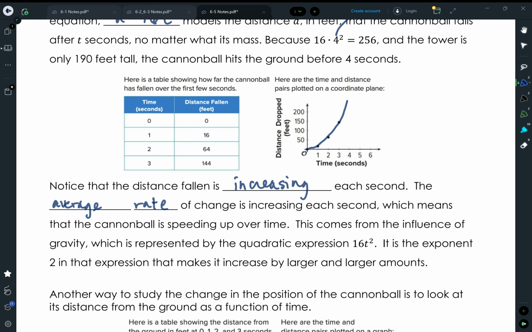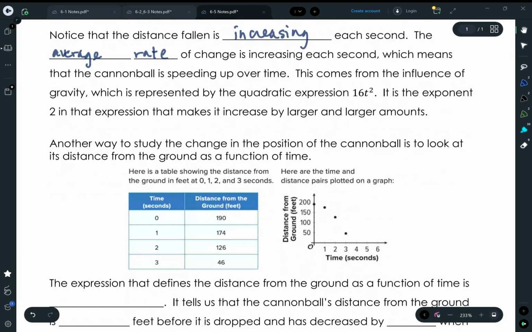This comes from the influence of gravity, which is represented by the quadratic expression 16t squared. It is the exponent 2 in that expression that makes it increase by larger and larger amounts. That's why it's a quadratic. 16 feet per second squared is what we call the acceleration due to gravity. That's where that's coming from, which you might know from a science class.